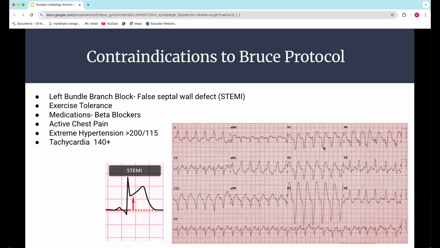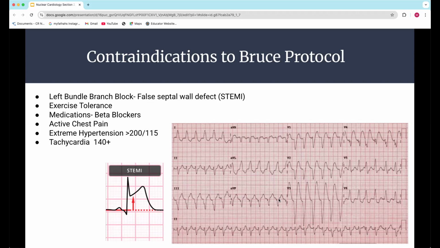So this is a left bundle branch block here, and they look very similar to what a myocardial infarct will look like. And you can imagine too, as you put someone on a treadmill when they have a left bundle branch block, and then you increase the heart rate, it gets to where it's very difficult to see what these waves even look like besides just up, down, up, down, up, down, up, down.